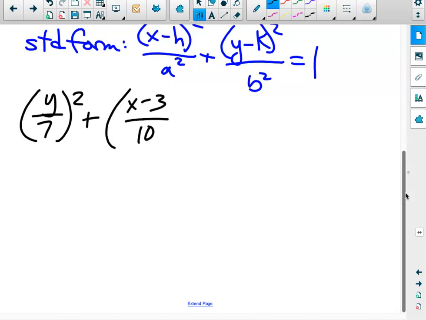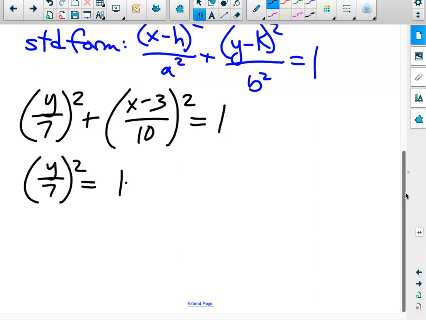What was this one, 10? Okay, is that our original equation? Yeah. Get y by itself, take this whole term, move it to the other side. So you have y over 7 squared equals 1 minus this whole giant term squared. Now, square root both sides. Whenever I square root both sides, what has to go in front of the square root?